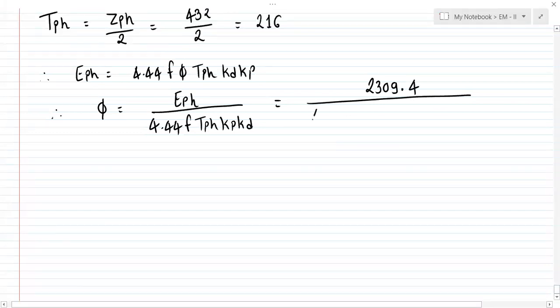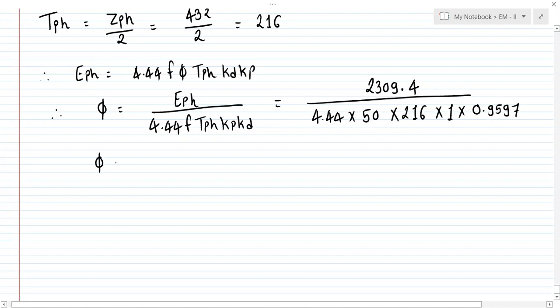Divide by 4.44, which is constant. F is my frequency, 50. TPH is my turns per phase, we are getting 260. My pitch factor is 1 as I have a full pitch coil. And KD is my distribution factor that we found, 0.9597. Now tell me the value of phi.